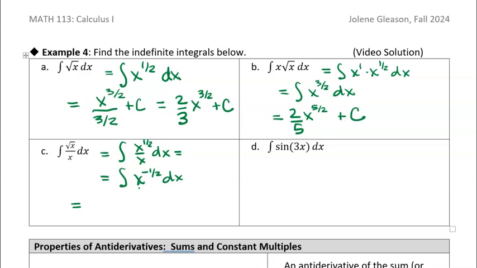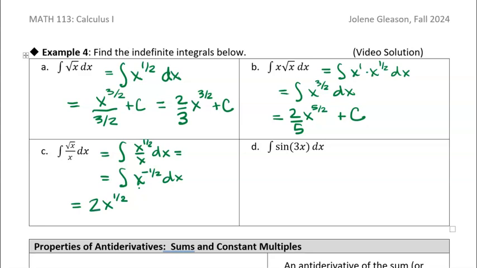I'm just going to add 1, so I get x to the positive 1/2, right? Because I'm adding 2 halves to negative 1/2, and then I divide by a half. Okay, remember, divide by a half, you want to multiply by the reciprocal. So 1/2's reciprocal is 2/1.